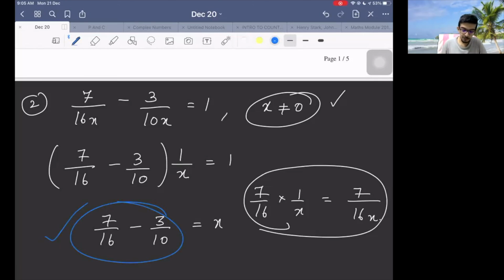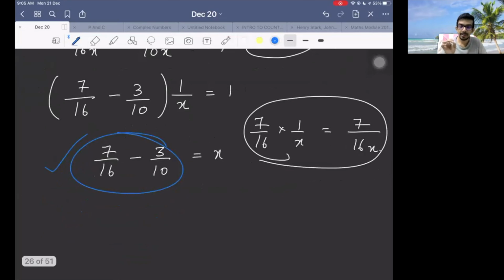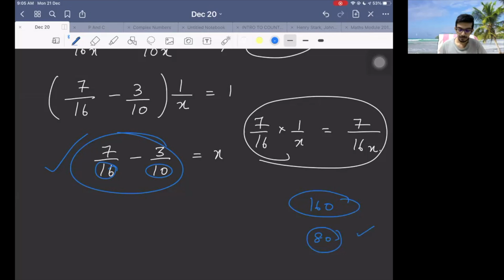You have to look for a common denominator. You see 16 and 10. You have to look for the least common multiple of the denominators. Of course, you can choose 160. There's no problem with that. You could choose 80 as well. 80 is the least common denominator.